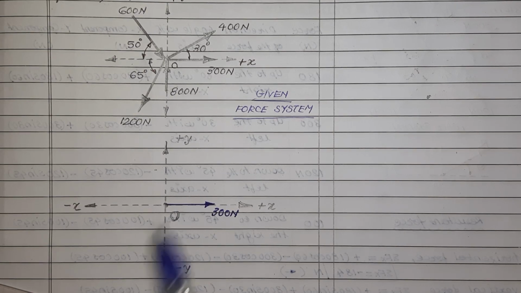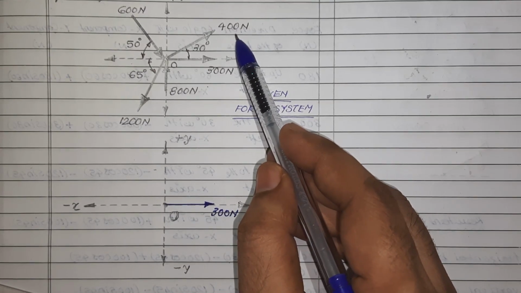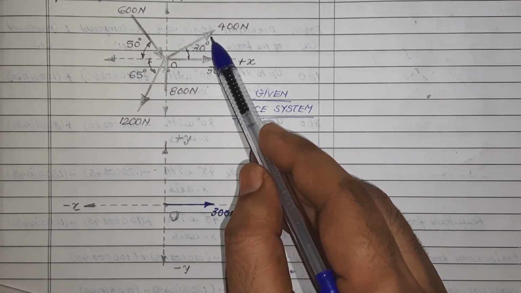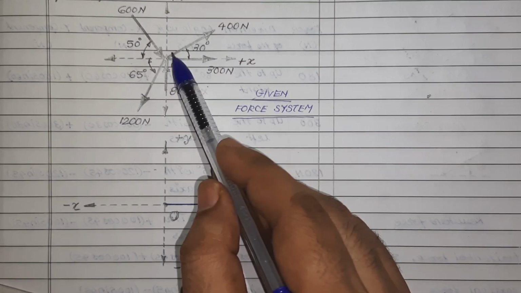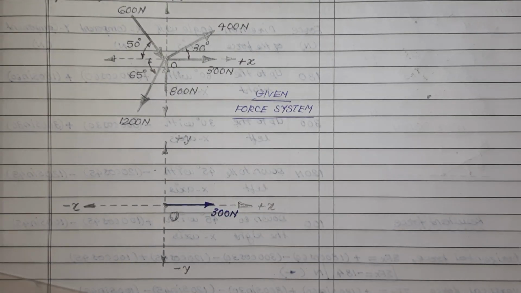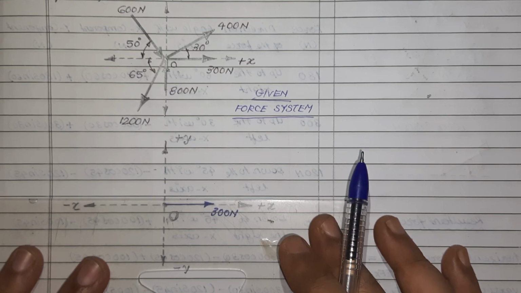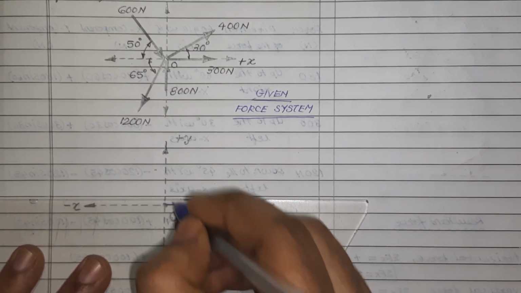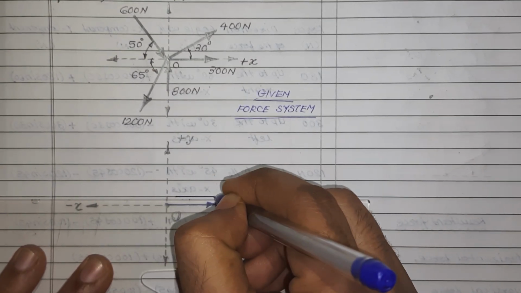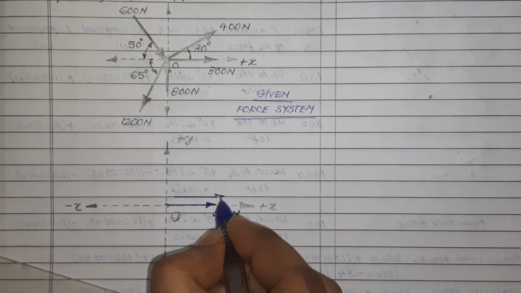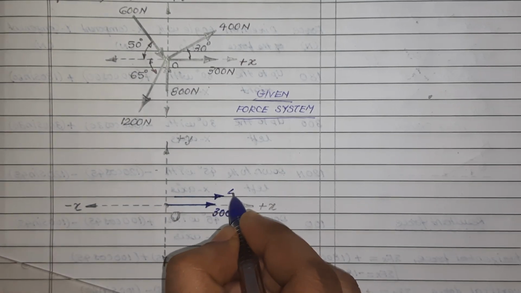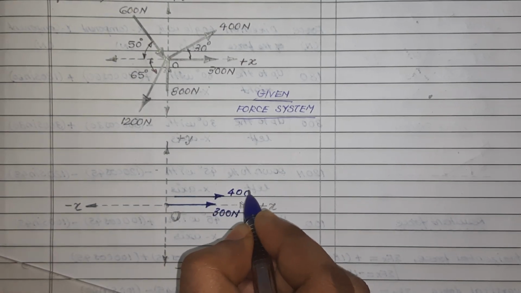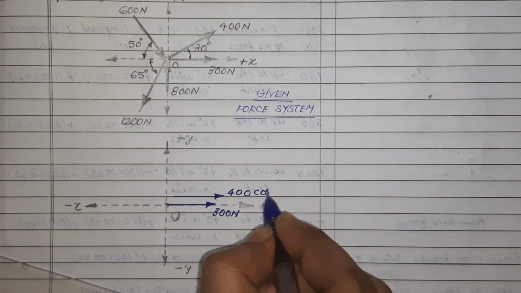Thereafter, we have 400 Newton force which is going up to the right. So its x component will be rightward component. Let us show that x component in this way. This is 400 cos 30.